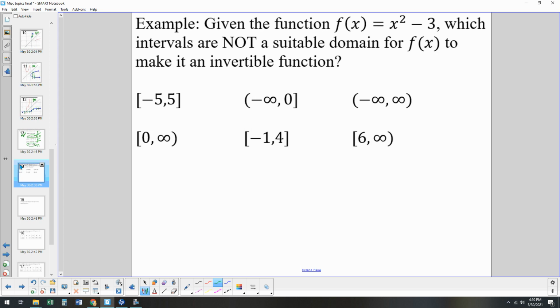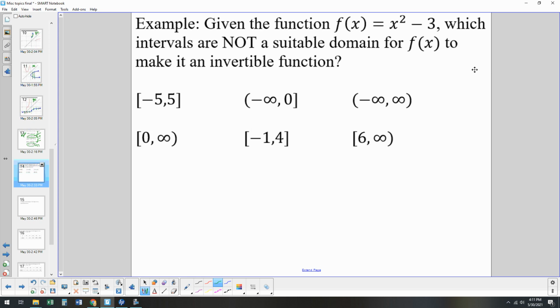The other thing with invertible functions is if you were to restrict the domain of the inverse, it could turn into a function. So if I were to look at this, which intervals are not suitable to make it an invertible function?